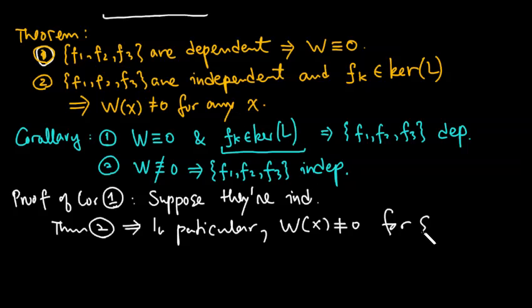For some x, whatever you choose, it is going to be non-zero. That contradicts the condition that we haven't used here. The Wronskian is identically 0 no matter what you plug in here, i.e., it follows that at the x we're looking at, it must be 0 no matter what you plug in. This is contradictory, so this can't happen.